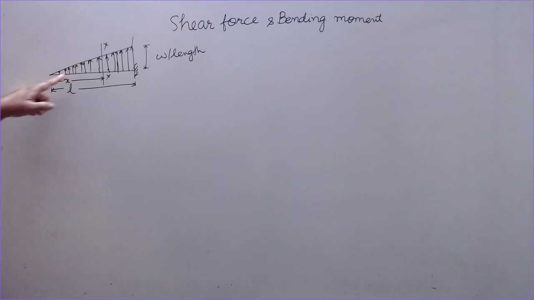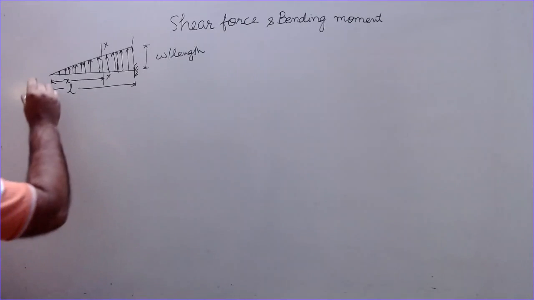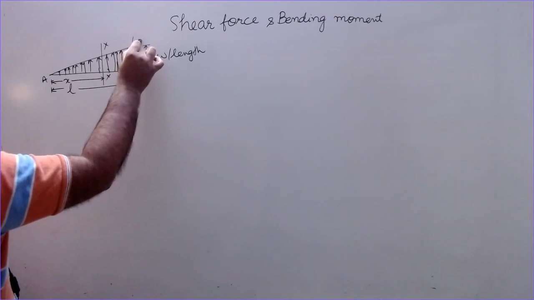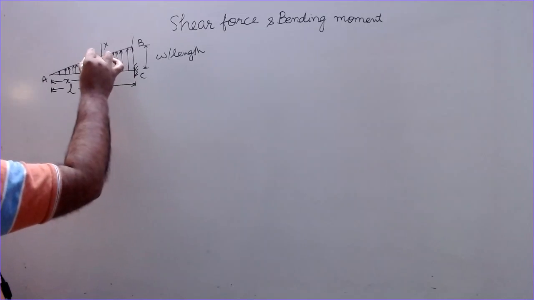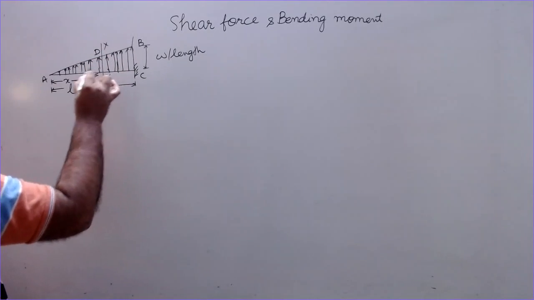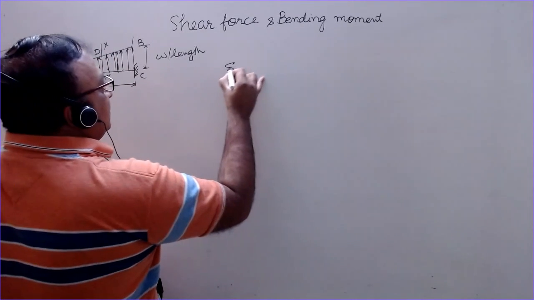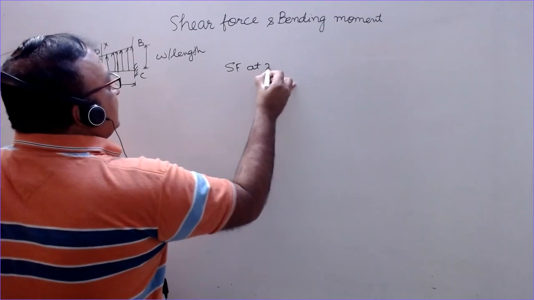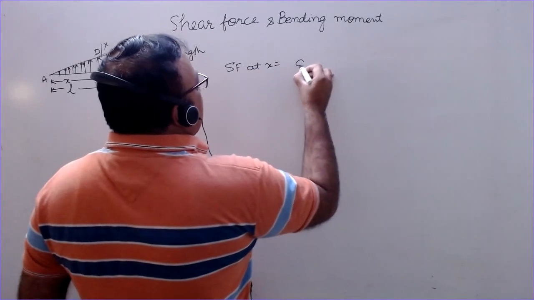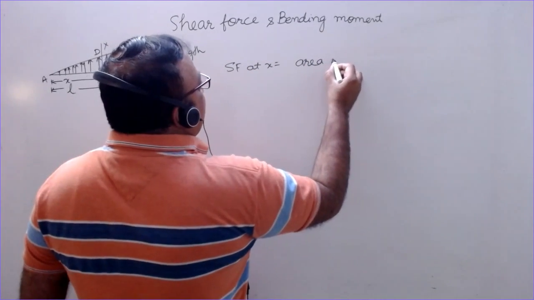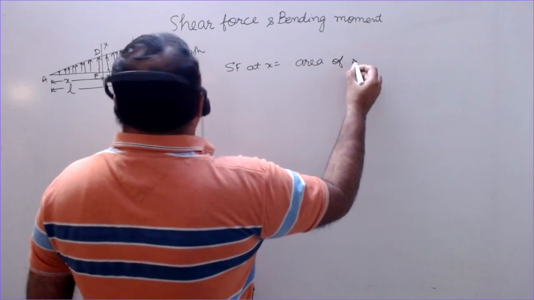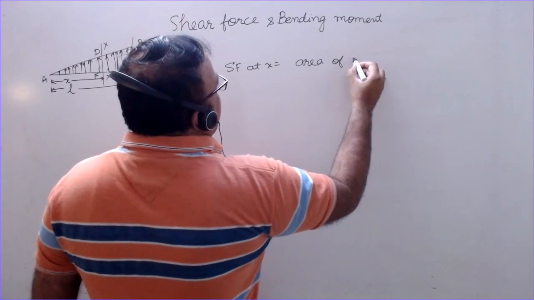That is the area of this triangle. If I name this triangle, these points are A, B, C, D and E. So shear force at x is equal to, with the negative sign, area of triangle ADE.